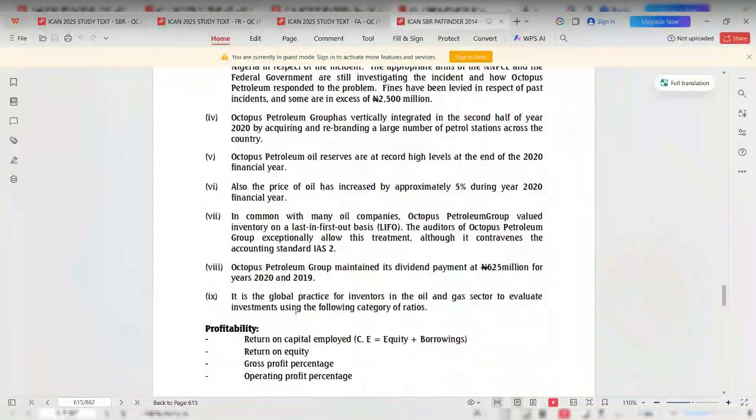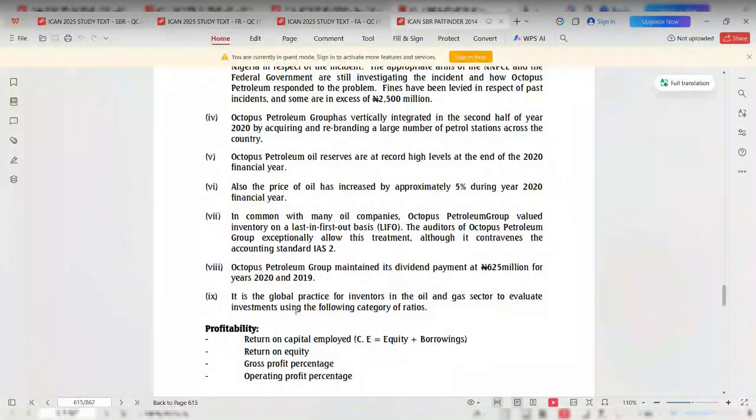So we have Octopus Petroleum Group maintain its dividend payment at 625 million for year 2020 and 2019. So they are still paying their dividend at 625 million. Yes, thank you.